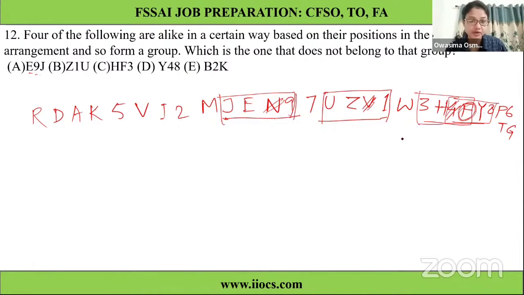And again B2K. For B2K we find that there is no other term related to it. Only 2 is present, and B is absent from the whole series. K is also present, but it does not follow this series anyhow. So option E will be the right answer.